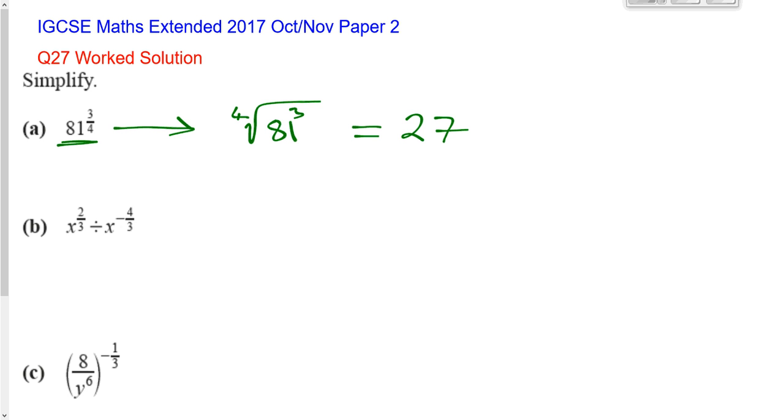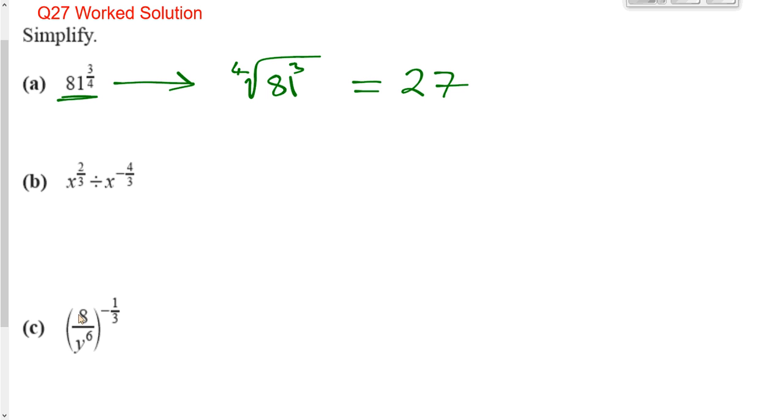Now the next one, we have an expression here, and we've got two bases which are the same. Now, if we apply our exponent laws, because we've got the same base, if we're dividing two terms with the same base, we can subtract the second term's exponent from the first term's exponent.